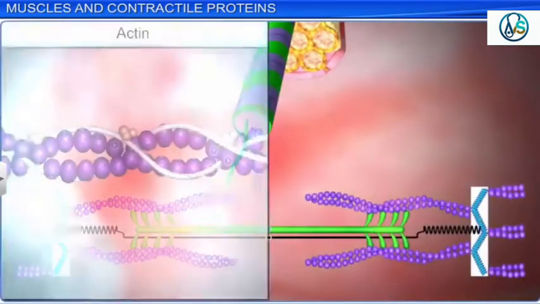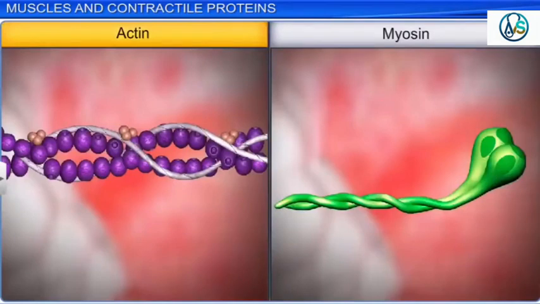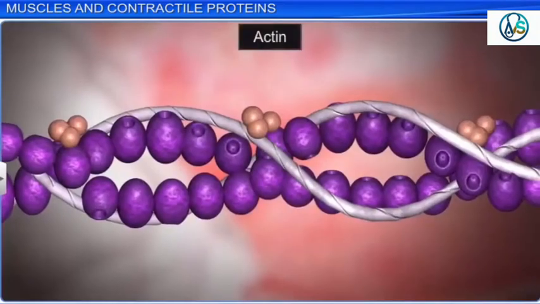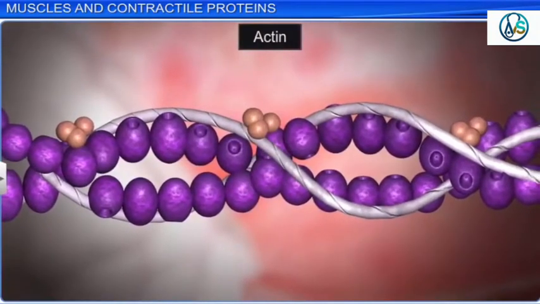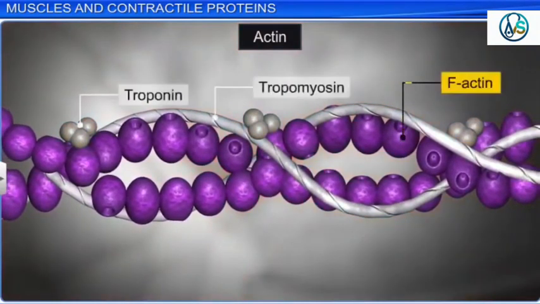The biochemical study of the two proteins, actin and myosin, shows that both have a complex structure. Each actin or thin filament consists of two F or filamentous actins helically coiled to each other. Each F actin is a polymer of monomeric G or globular actin.